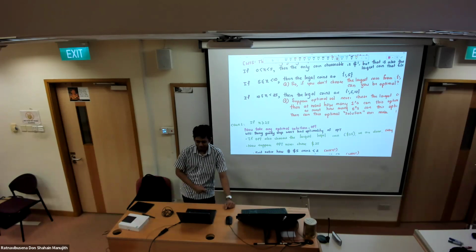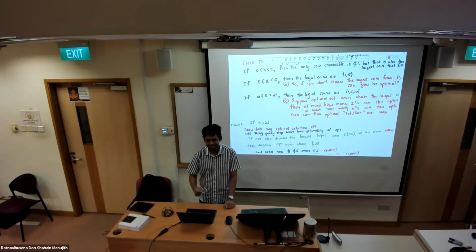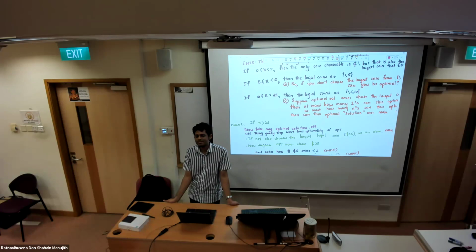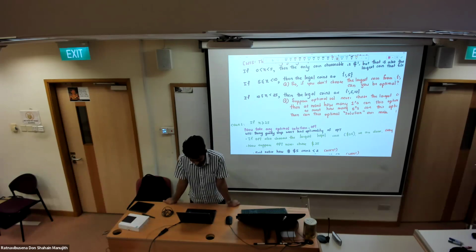But I want to know why there is a sub collection that adds up to exactly 25. You're just choosing multiple 1 coins, so then it's just not optimal, because the sub collection can also be reduced to the base case.